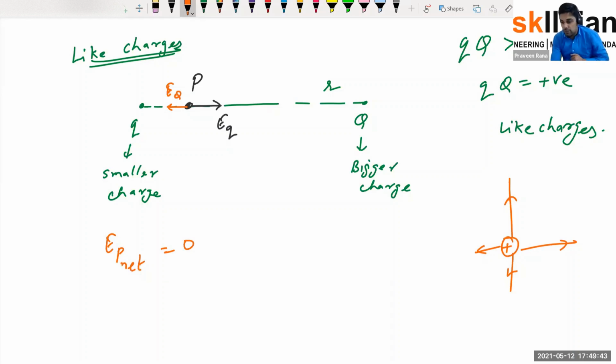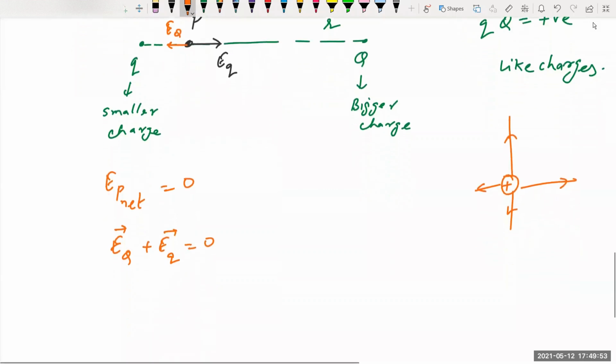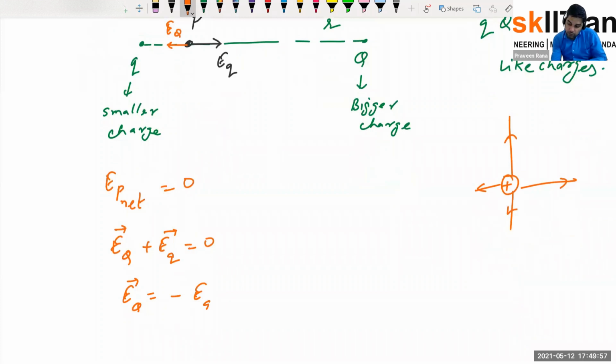Exactly. So we know that at P there are two fields: the electric field due to capital Q, and the electric field due to small q, and the net must be 0. The electric field due to Q and due to smaller q should be equal and opposite. The negative sign shows the opposite direction.